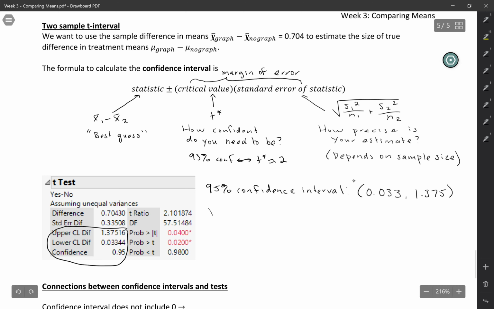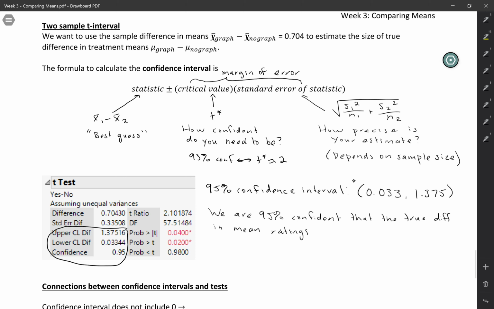And to interpret a confidence interval, we say we're 95% confident that our true parameter, and in this case, that would be the true difference in the means, and we'll say this in context, so the true difference in mean ratings. And we saw in a previous video how the order of subtraction can change the sign. So we do want to specify graph minus no graph, or however you're labeling these groups.